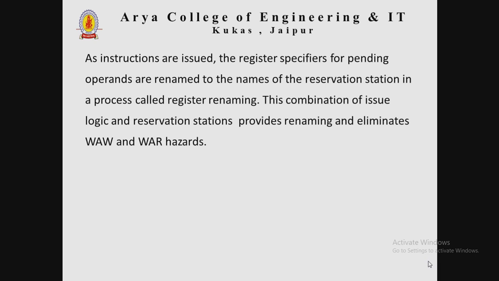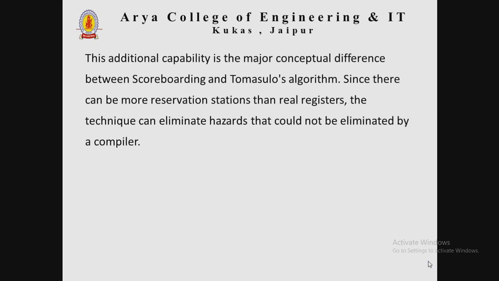So this combination of issue logic and reservation stations provides the renaming and eliminates the WAR hazards. This additional capability is the major conceptual difference between scoreboarding and Tomasulo's algorithm. Since there can be more reservation stations than real registers, the technique can eliminate hazards that could not be eliminated by a compiler.